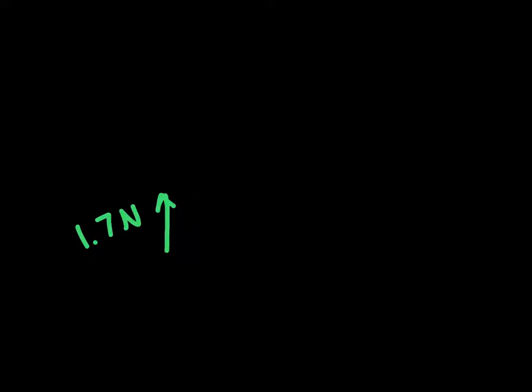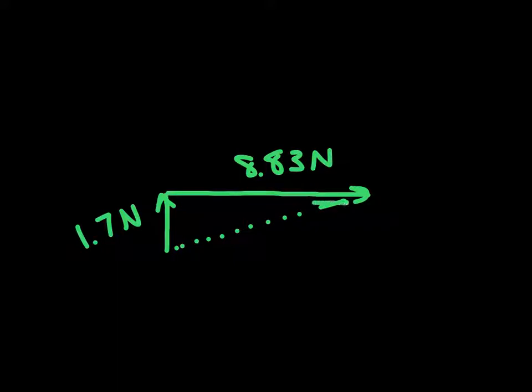Now you got to add them head to tail. So this is going to be 8.83 newtons in this direction. So the answer to our problem is this vector that's dotted. So what is this answer here? This is the Pythagorean theorem. This is our answer. So to find that answer, use the Pythagorean theorem.